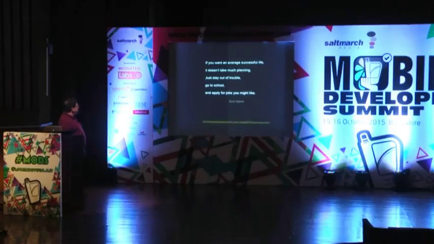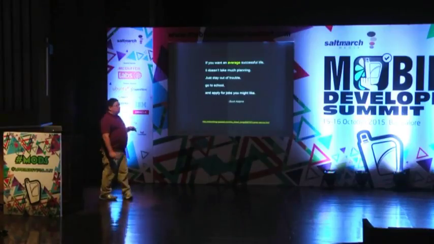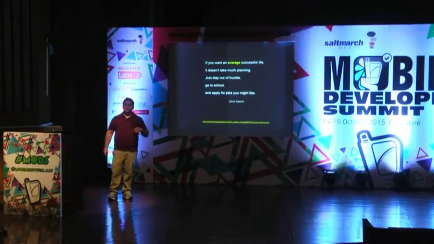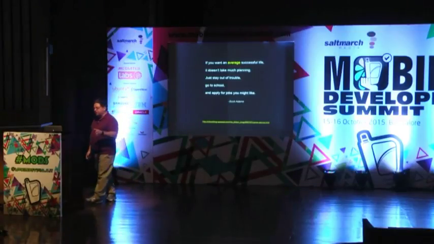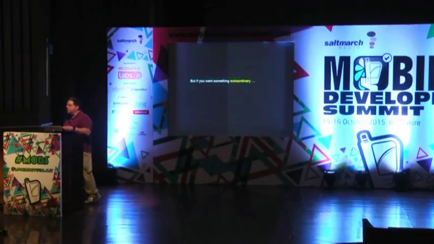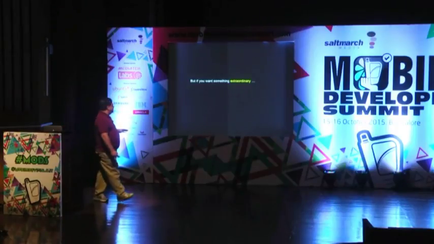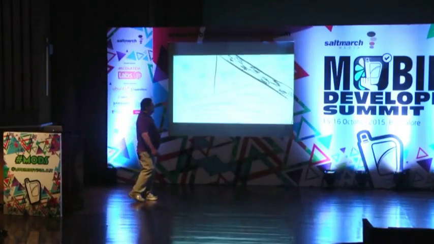And if you do that, you'll have an average, successful life. But most of us in this room don't want to be average. We want to achieve something that matters to somebody. We want to change people's lives. So if you want to be extraordinary, what is it you need to do?